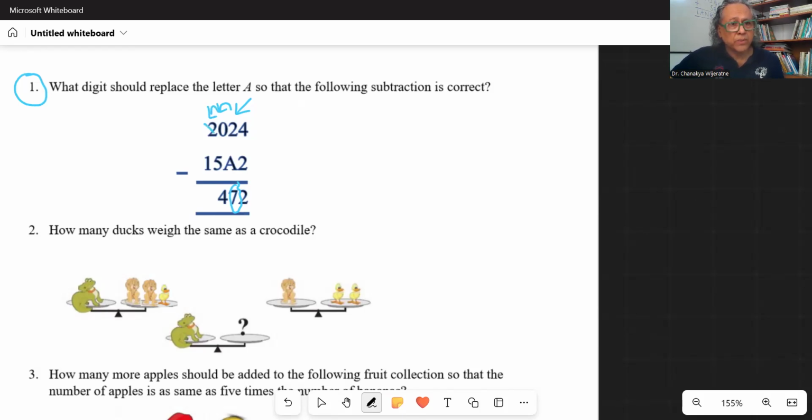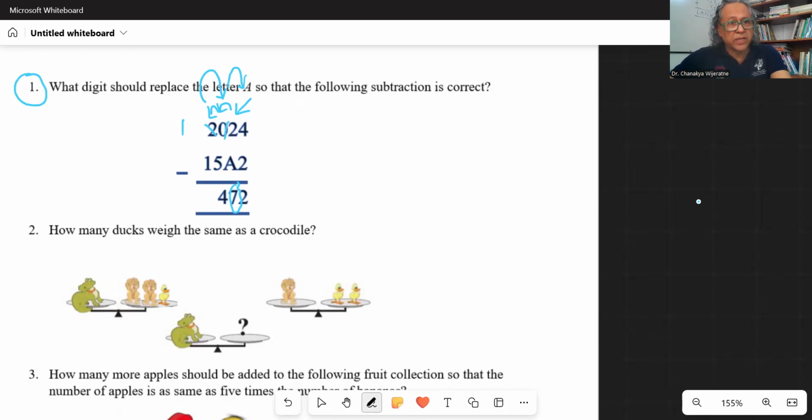Then this becomes 1. The 1 we borrow becomes 10 here. That 1 is 1,000, so it is actually 10 hundreds. Now from that 10 we borrow 1, which is 10 in the tens column, and then we have 9 left here.